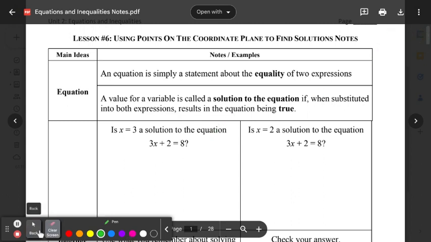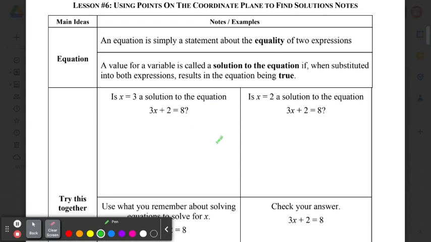So now let's move a little bit farther down. We're going to test these things and see if these values are solutions. So this first example right here, it says, is x equals 3 a solution to that equation? Now, a lot of you probably already are very good at solving equations, but we're just going back, remember, and reviewing what a solution actually means.